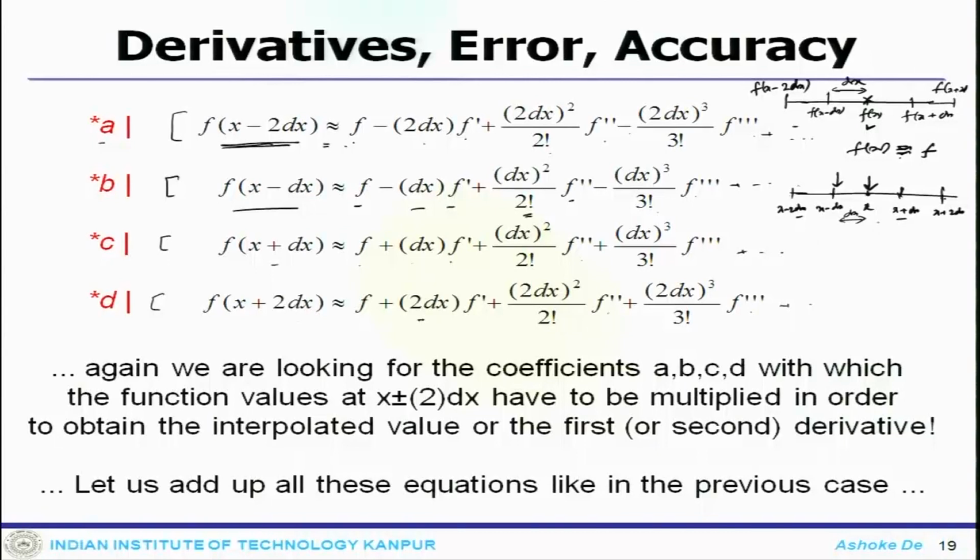So essentially the distance between the points is uniform and given as dx. Now each of these equations, first one multiplied with a, second one b, third one c, last one d. And what we are trying to find out? We try to find out any derivative. It could be first derivative, it could be second derivative, and you can also find out third derivative.